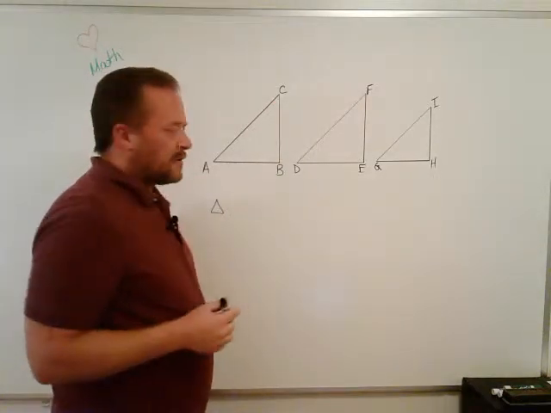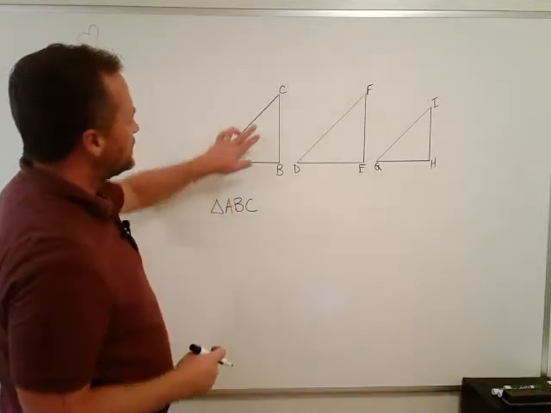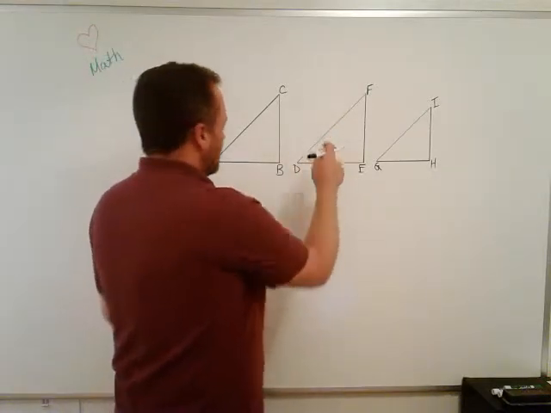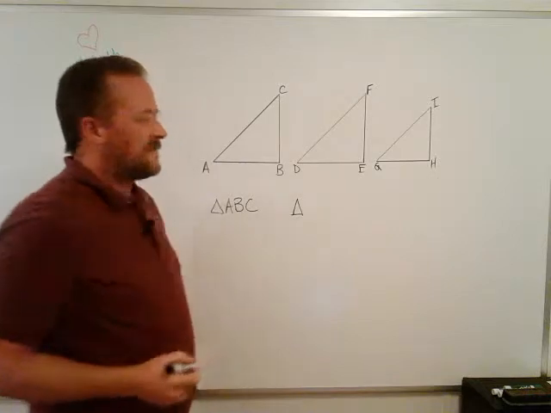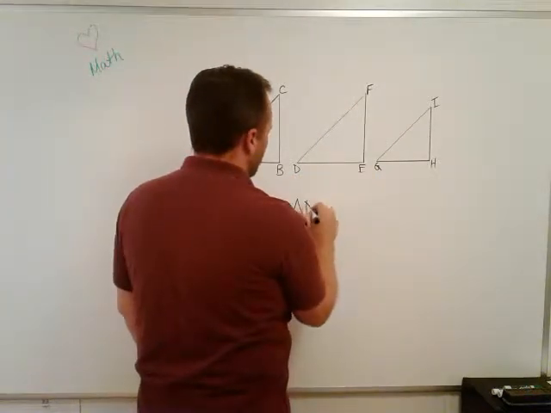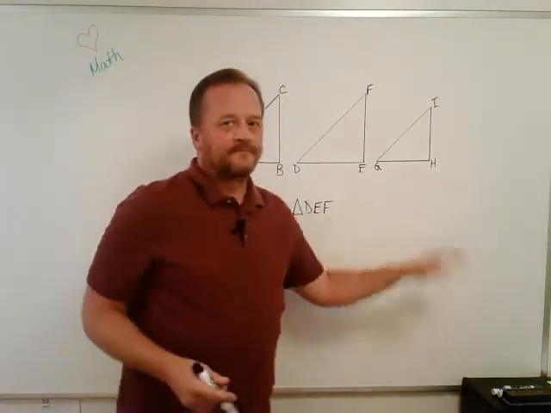Generally, it should be in order. A, B, C. So the name of this triangle here is ABC, okay? This triangle here then would have the triangle symbol and D, E, F.